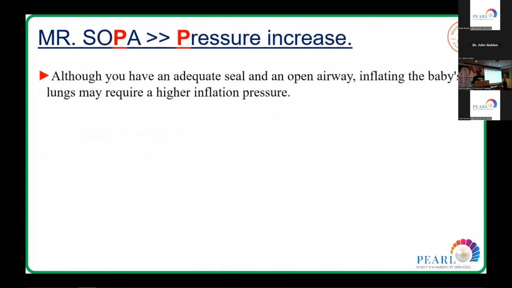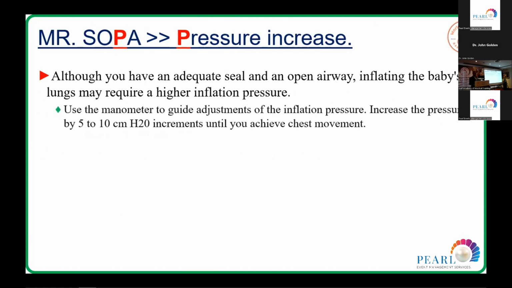Pressure increase. Although you have an adequate seal and open airway, inflating the baby's lung may require a higher inflation pressure. Use the manometer to guide adjustment of inflation pressure. Increase the pressure by 5 to 10 cm H2O in increments until you achieve chest movement.